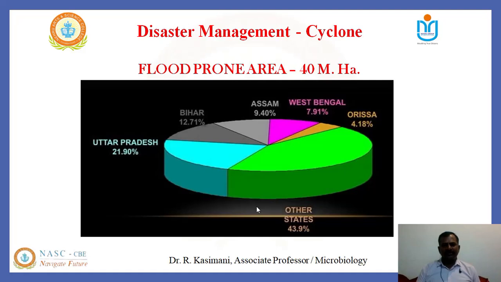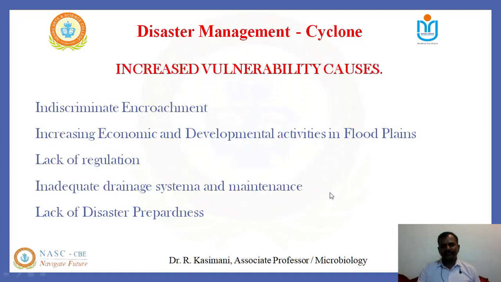So these are some flood prone areas, which include different states of major flood. We have Uttar Pradesh, Bihar, Assam, West Bengal and Orissa, and other states, and they form around 43.9 percent.